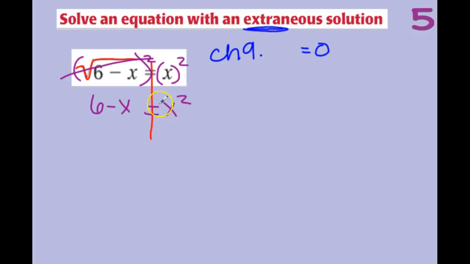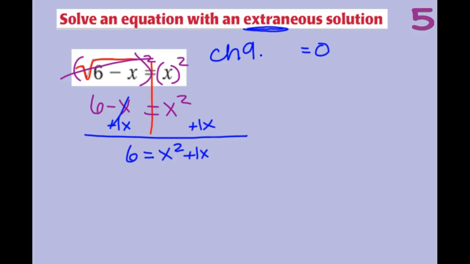We don't want our first term negative though, so I'm going to move these ones over to the other side. So I'm going to add 1x, x squared plus 1x, and then I'm also going to subtract 6. You could have done those at the same time. X squared plus 1x minus 6.